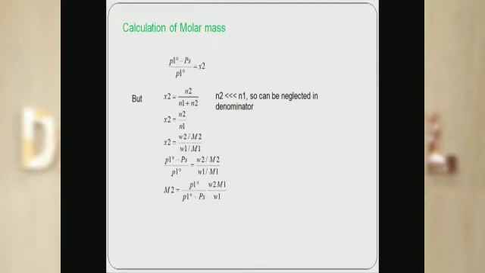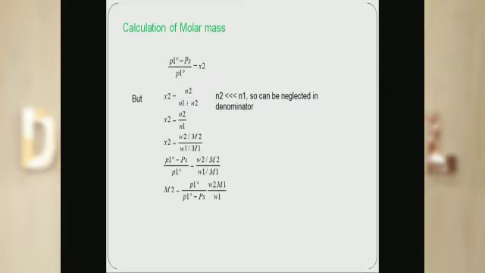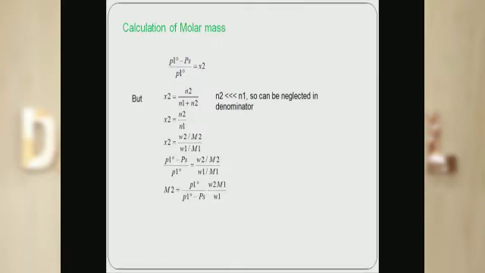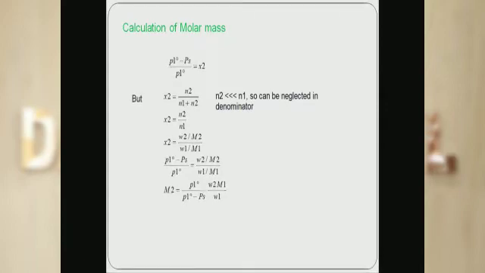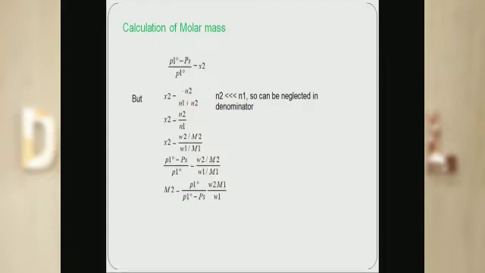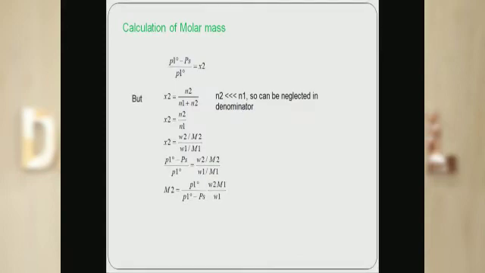Here also we can neglect N2, the number of moles of solute, with respect to the number of moles of solvent, because N2 is very less than N1. So from this relation, students, you can calculate molar mass, that is M2. Generally you get numericals based upon these formulae. You may be asked to calculate PS, you may be asked to calculate molar mass of the solute.